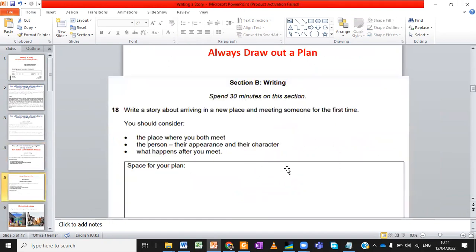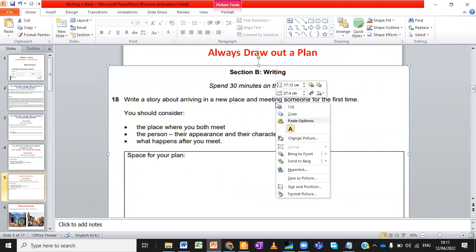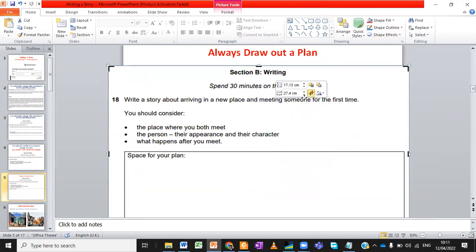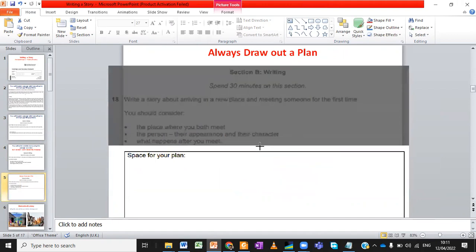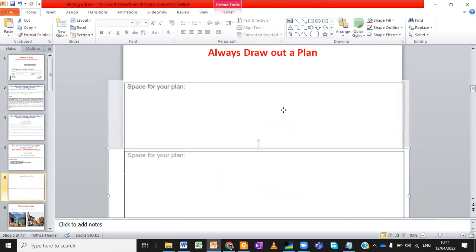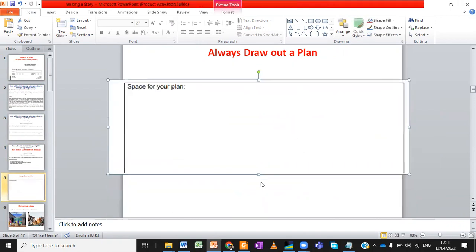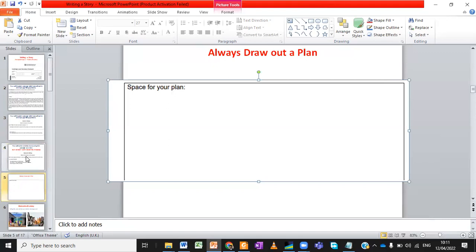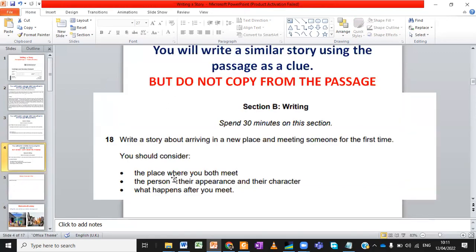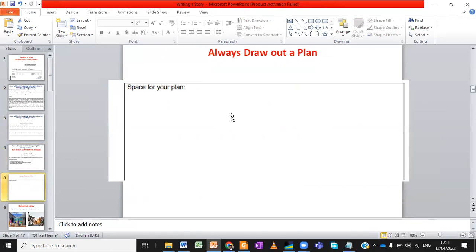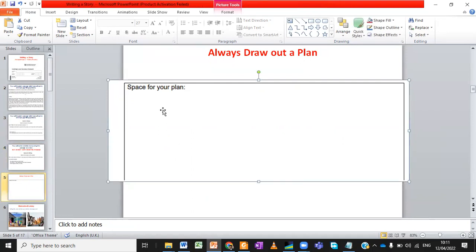The first thing you do is to draw out your plan. The plan will be based on the 3 bullet points. So the place where you both meet, you can just scribble it here. Okay, we met at, you state the place.